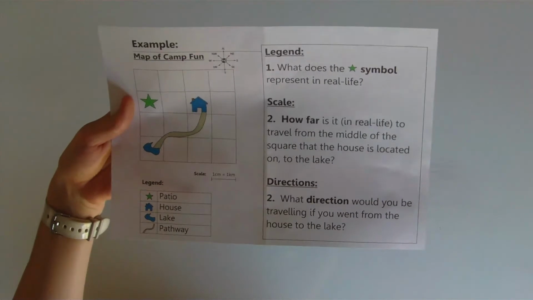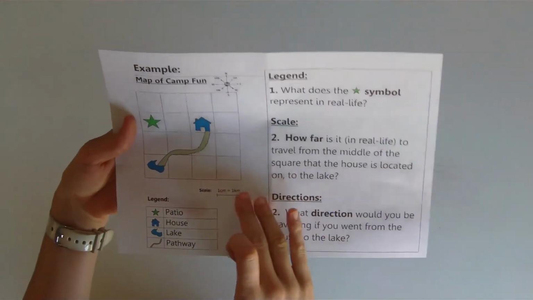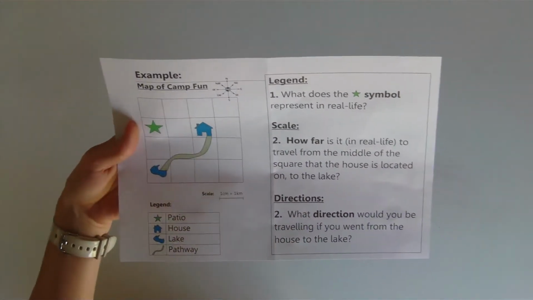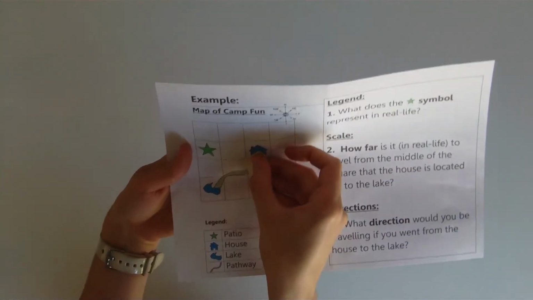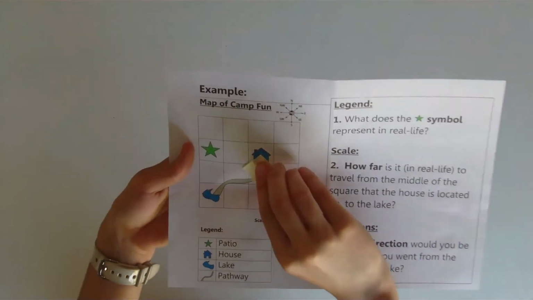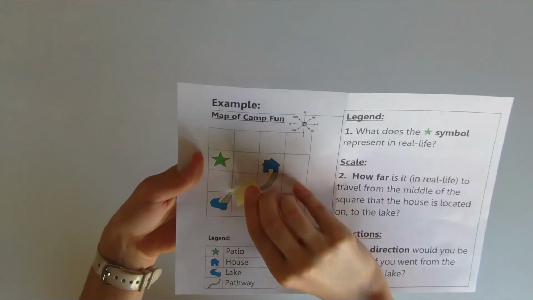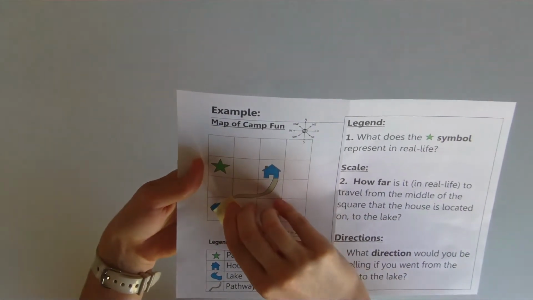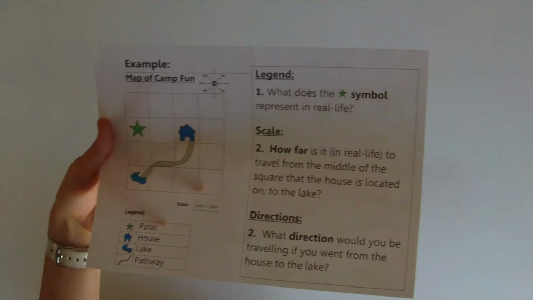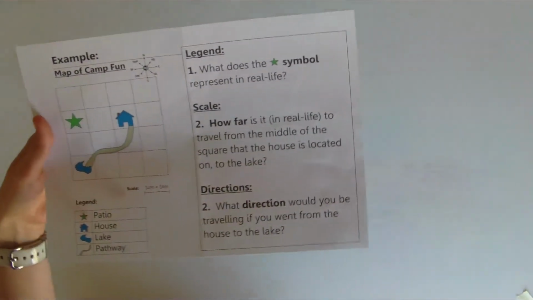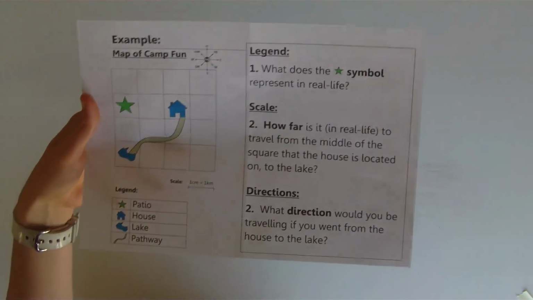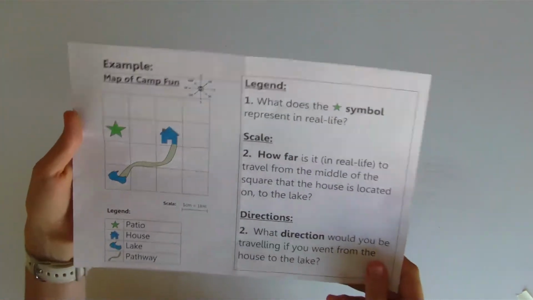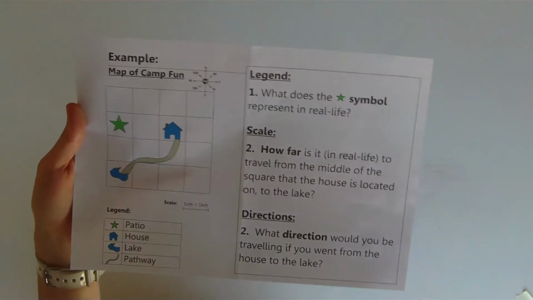So from the middle of the square that the house is on to the lake, there's 1, 2, 3. Probably 2.5 for that one. Now we will look at it in more depth in class, with the scale and using a ruler to work this one out. So we'll practice that more in class.